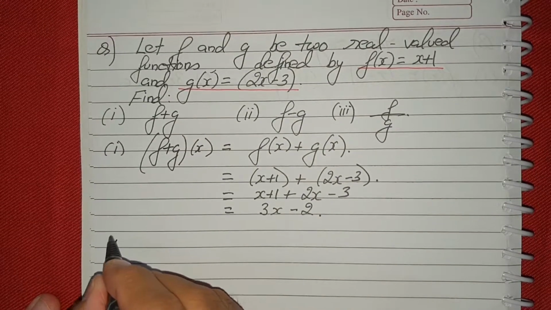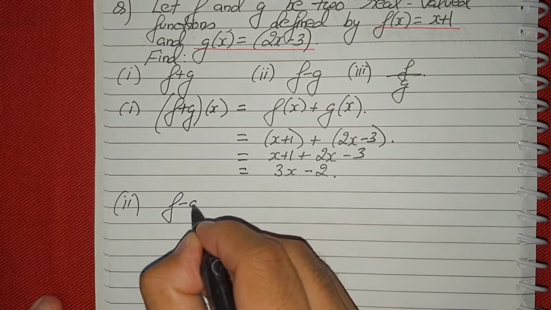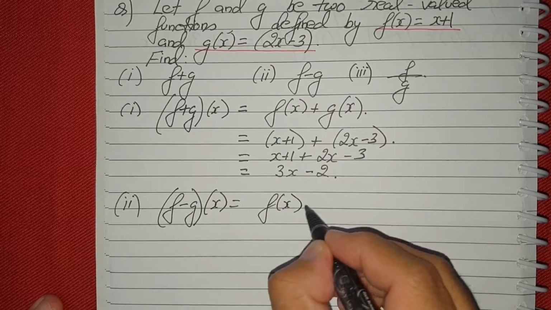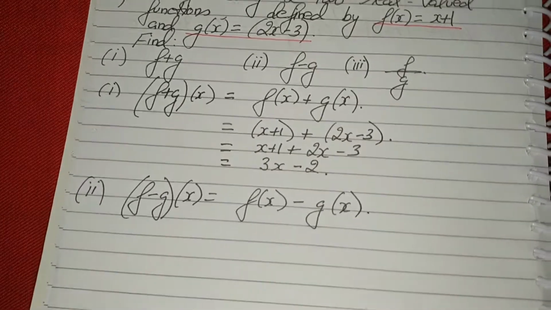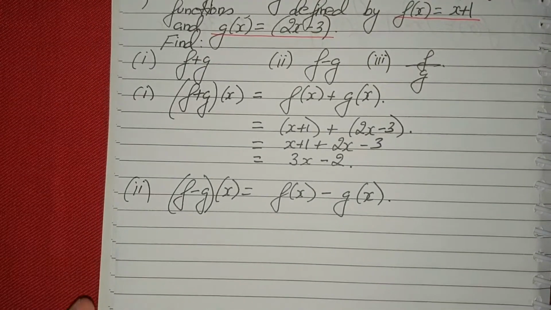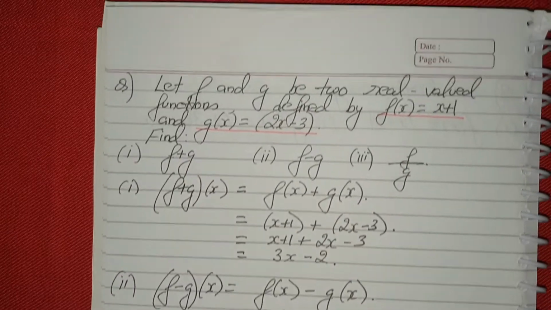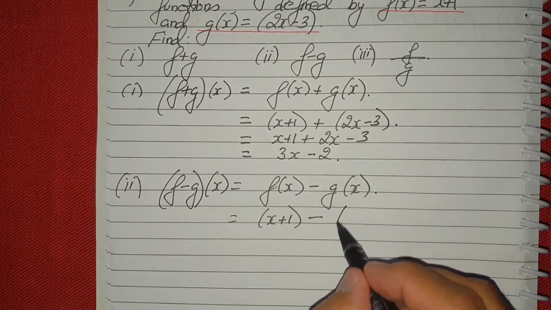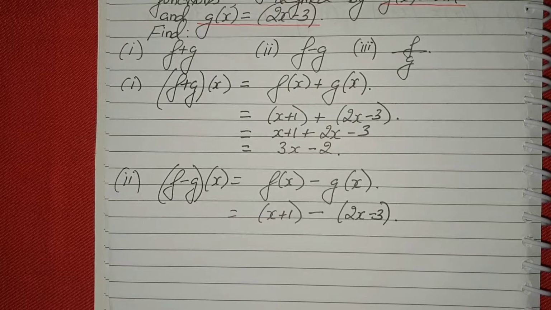Now the second part is f - g. So (f - g)(x) is f(x) - g(x). Now we know f(x) is x + 1, so x + 1 minus g(x), which is 2x - 3.